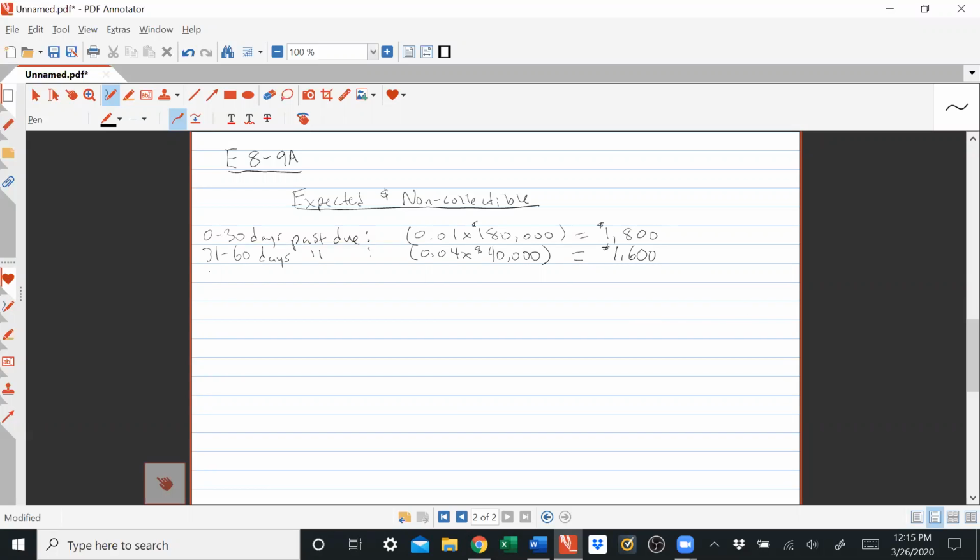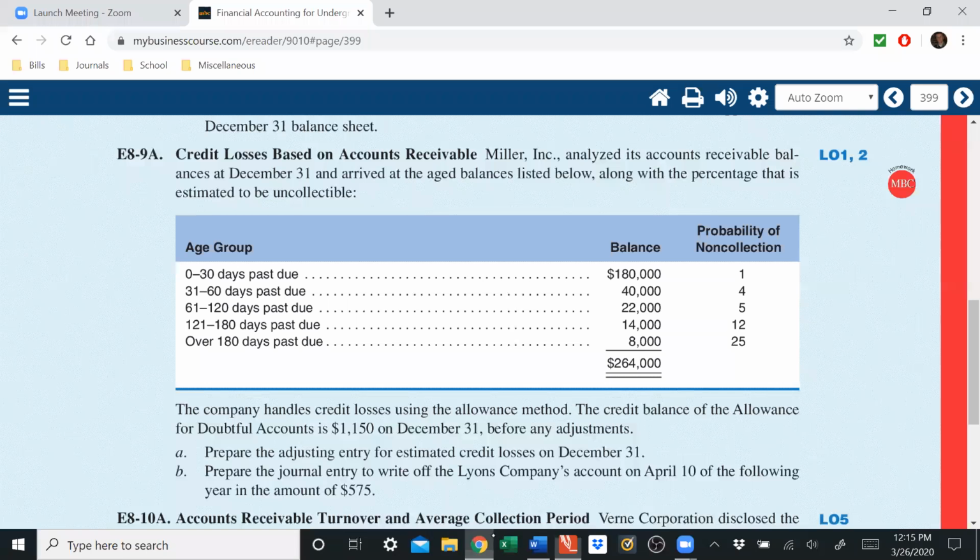And then for the 61 to 90 days past due, we have 5% of 22,000, or 1,100.